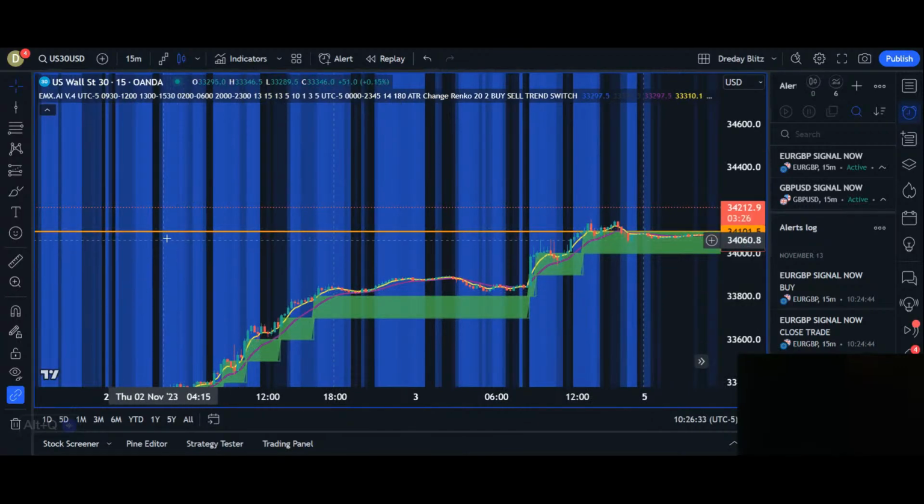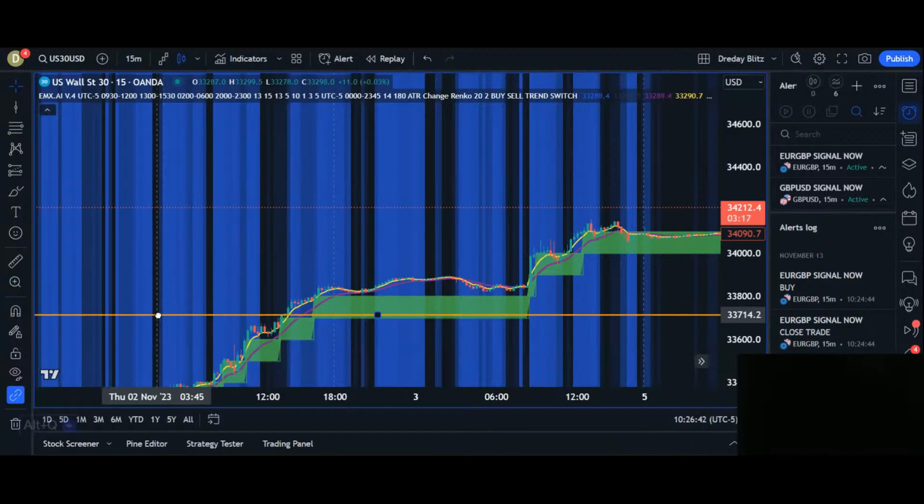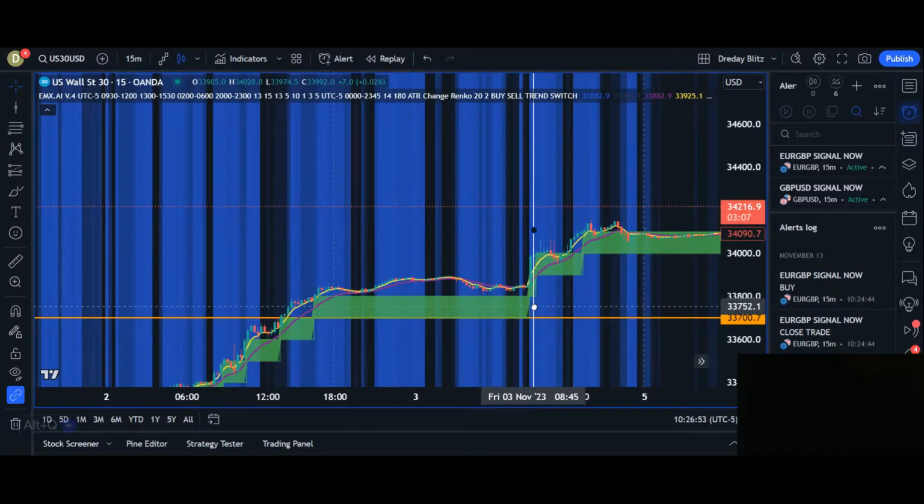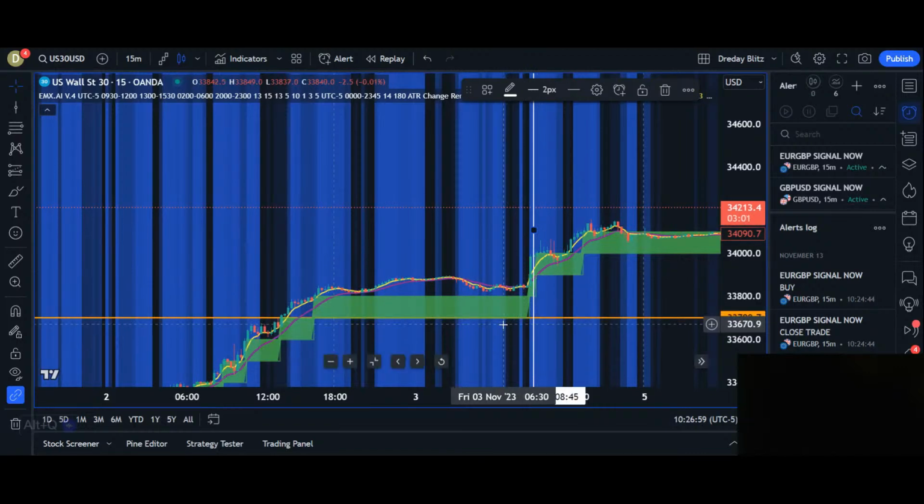Okay, so when you put your stop loss, just gonna put that here and I'll put a vertical line. So let's say we had a buy here. Okay, so the buy was within this Renko bar. Your stop loss is here.